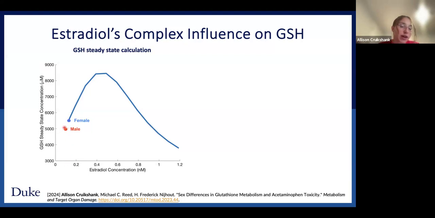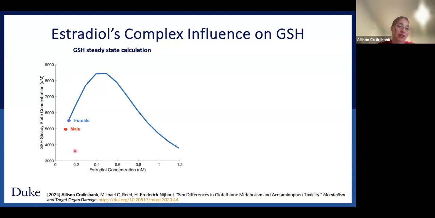We're able to plug that estradiol concentration into our model and get that the glutathione concentration in males is 5,000 micromolar. However, for the premenopausal female, the estradiol changes throughout the menstrual cycle. The max for the average menstrual cycle is 1.2 nanomolar, and the minimum is 0.15 nanomolar.